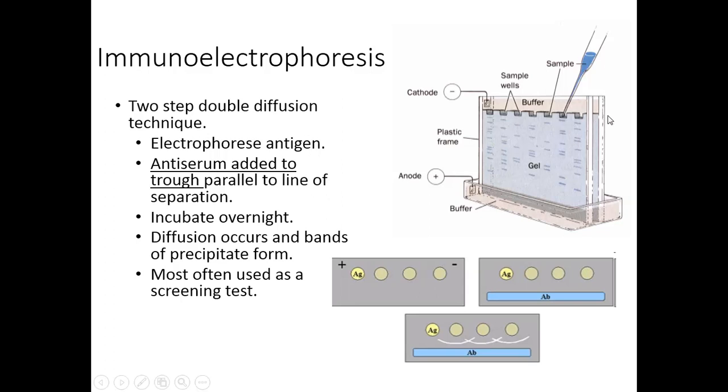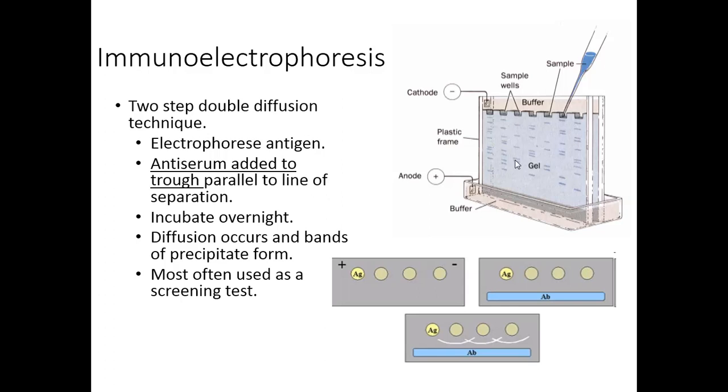So first, what are we going to do? We're going to inoculate the gel with sample, and then we're going to add antiserum to the trough, and they move towards each other, and where they meet, you get these little lines of precipitation. That's the first step.